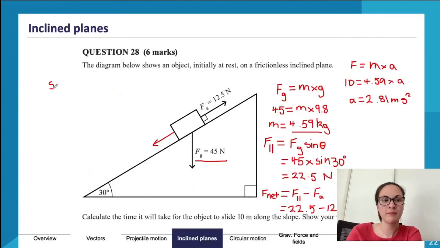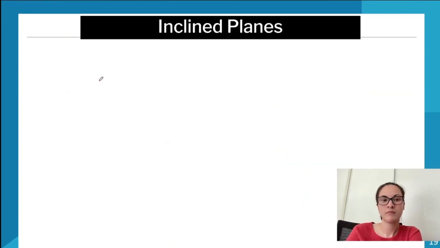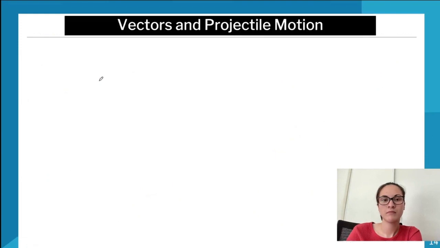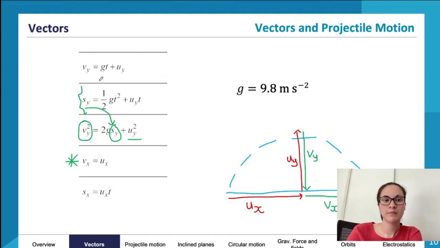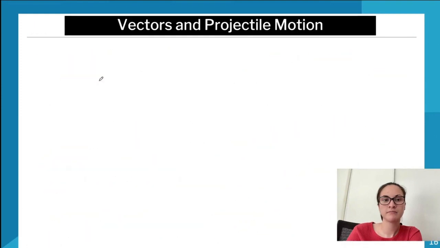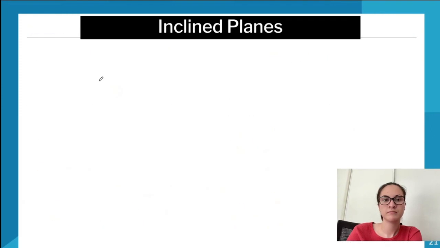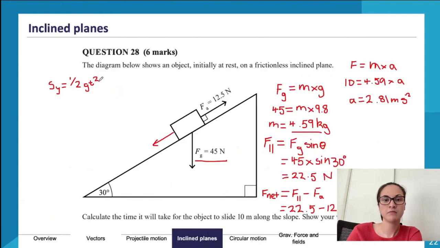SY is equal to half GT squared plus UYT.